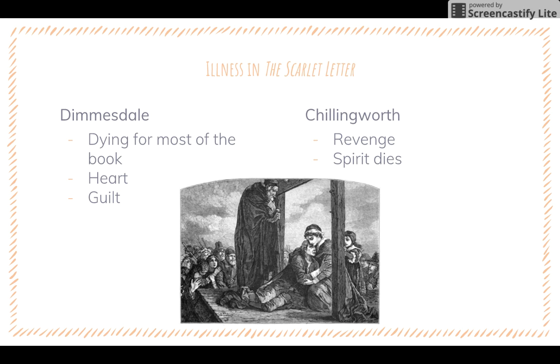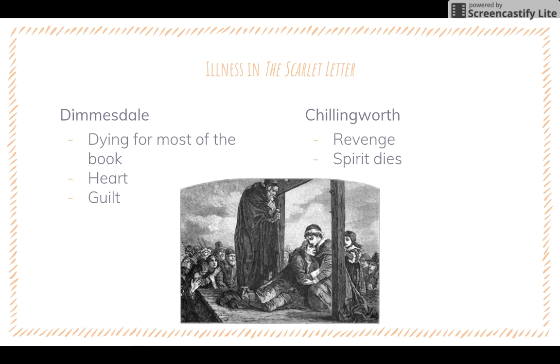But obviously, Chillingworth is not actually looking out for Dimmesdale and can't offer him any sort of cure, because the illness that Dimmesdale faces is because of his guilt and his dishonesty with the people in the Puritan society. He has a lot of heart issues, which is directly related to Hester.